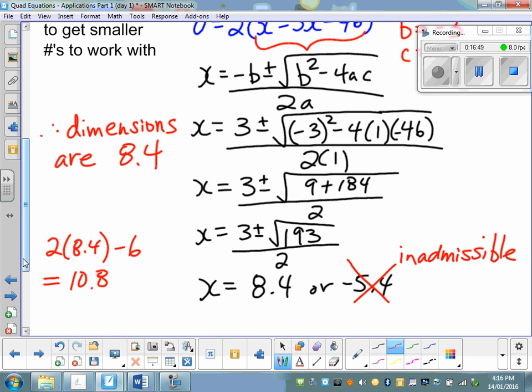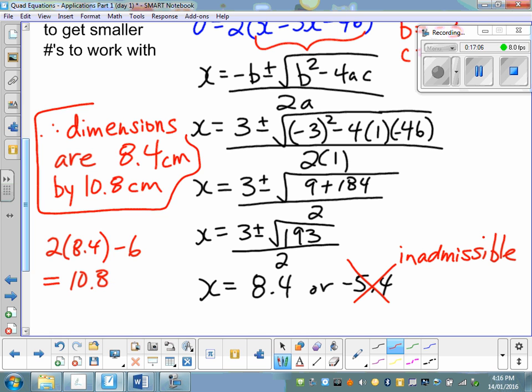So the dimensions are 8.4 meters, I guess that's centimeters, sorry, 8.4 centimeters by 10.8 centimeters. So your diagrams or your let statements are a big help when you need to find that final answer. You can sub values into those expressions.